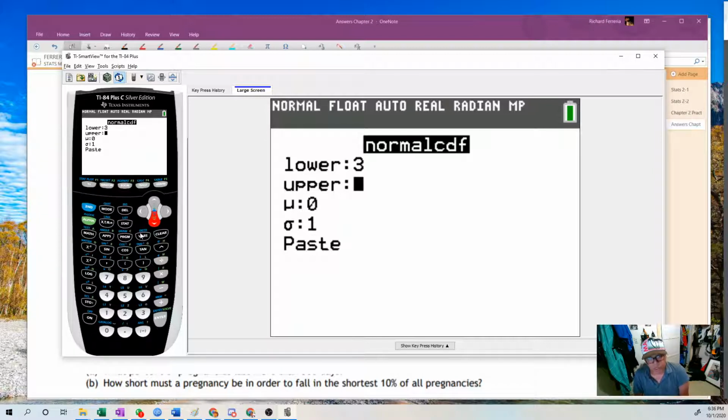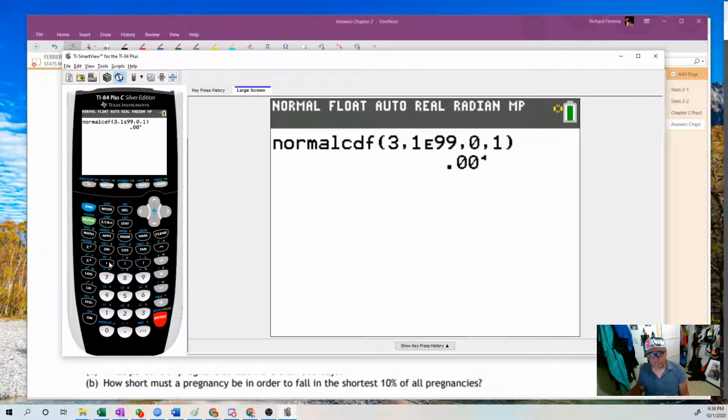If you put 1,000,000 here, that's fine, but I usually put the largest number my calculator will hold, which is 1 EE 99, which would be 1 times 10 to the 99th power. Because I'm in z-scores, I'll leave the mean and standard deviation at 0 and 1, and we'll paste that, giving me an area of 0.0013.